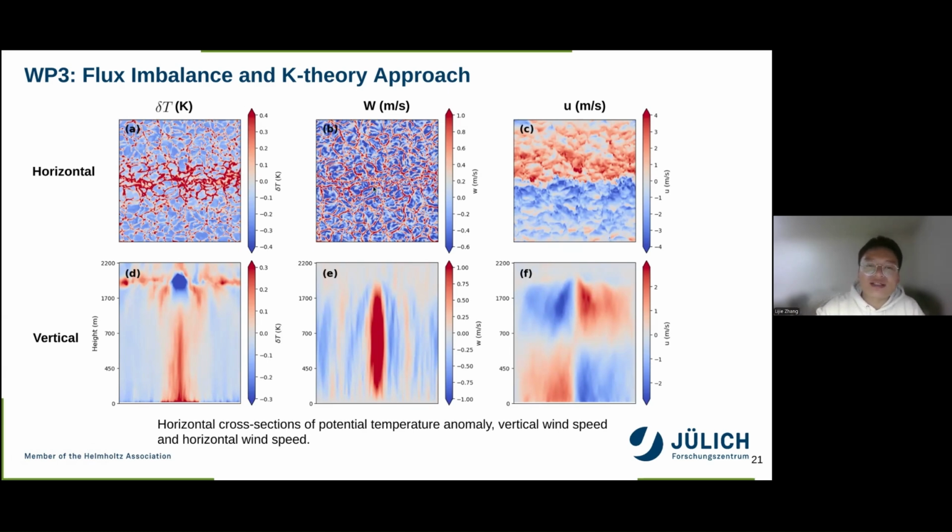On the right side, in the middle column, in the middle of the domain, the air goes up, and along the sides, the air goes down and forms these circulations. It's also clear for the horizontal wind speed. The wind goes to both sides. Red means goes to the right, and blue means to the left, and forms these circulations.